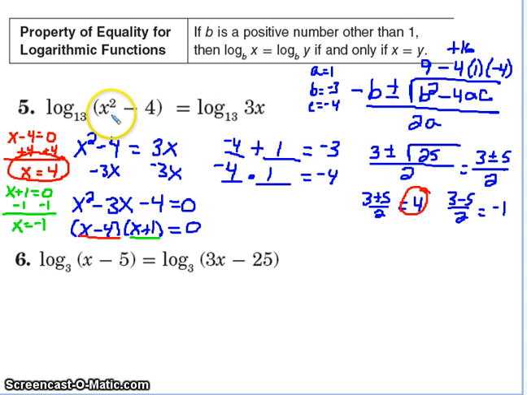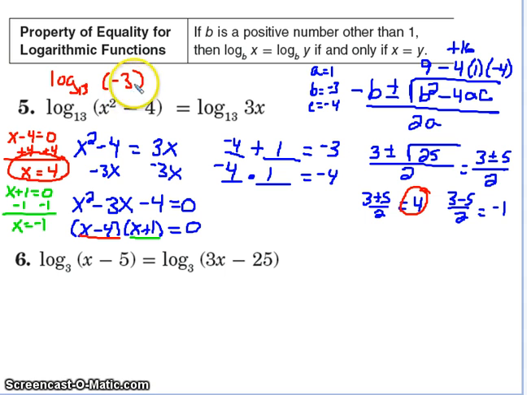But if we plug in a -1, squared does give us 1, but 1 minus 4 is -3. Can you have log base 13 of -3? Have we had any negatives involved? The answer is no. We could not take the log of a negative number.